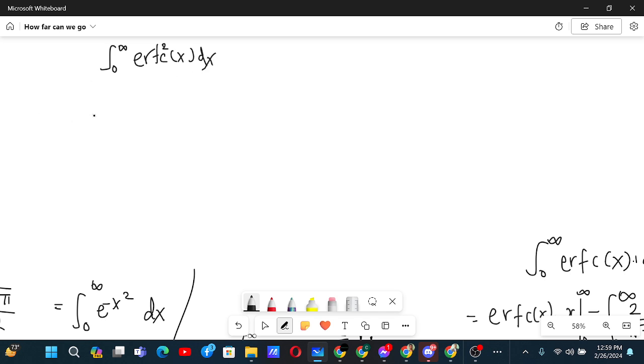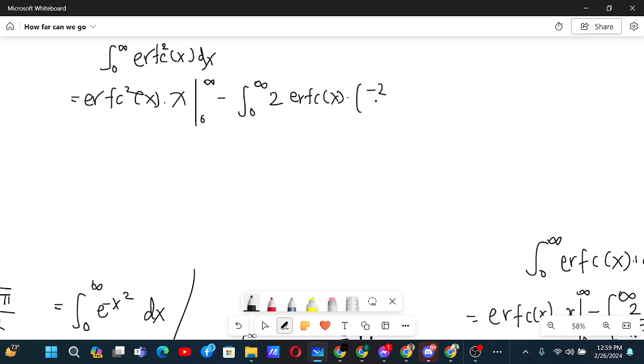Again, let us choose integration by parts, and that gives us the complementary error function squared of x times x from 0 to infinity, minus the integral from 0 to infinity of 2 times the complementary error function of x times minus 2 by root pi e to the power minus x squared. That's the derivative. And now we will have x dx over here, since the integral of 1 is x. Now this is from integration by parts, and at infinity this will be 0 times infinity, but we use limits and get 0.